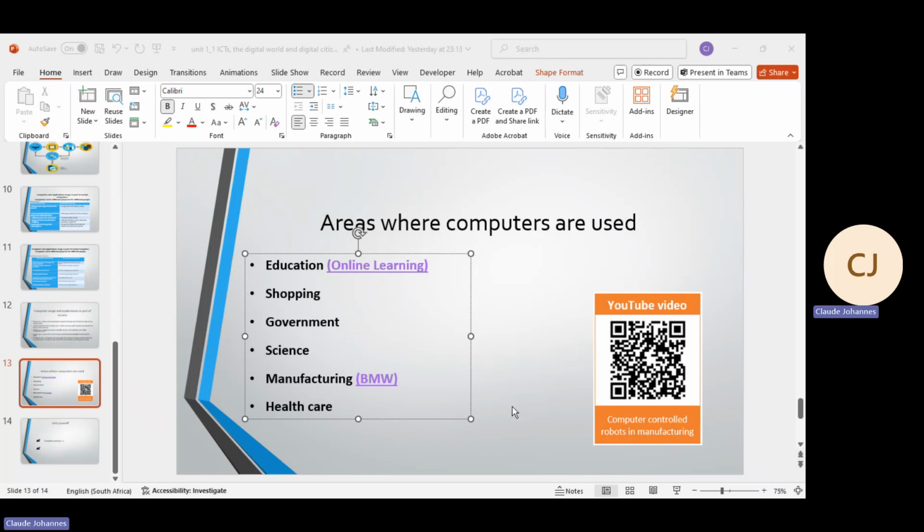So here we can identify and see that there's no human partaking in manufacturing outside of the car.